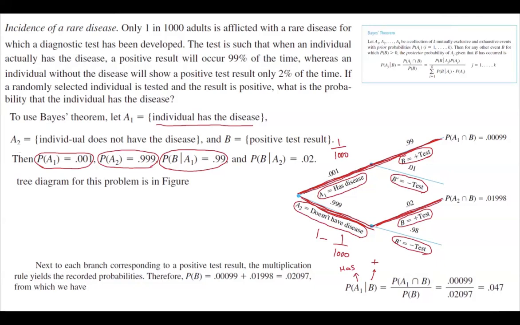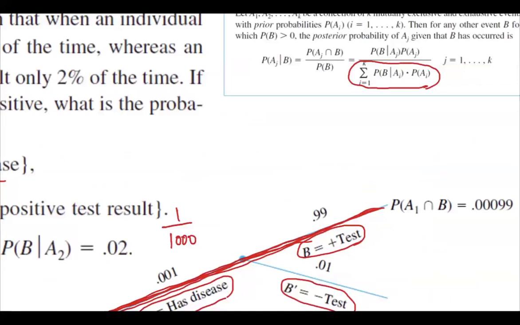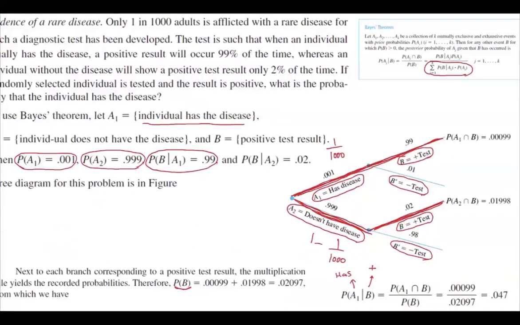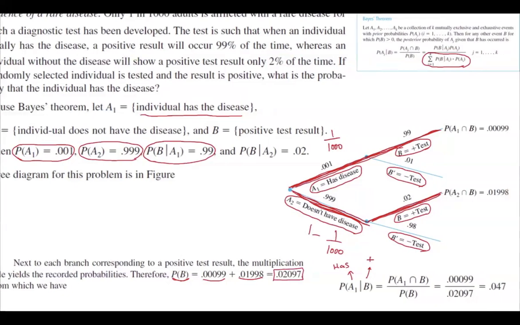Why is that? Because to calculate the probability of B, we are following Bayes' theorem. On the denominator, take a look. You have the summation of probability of B given A1 times probability of A1 plus the probability of B given A2 times probability of A2, as you can see just right here. If you add these together, you get the probability of B, which is 0.02097. This goes on our denominator here.